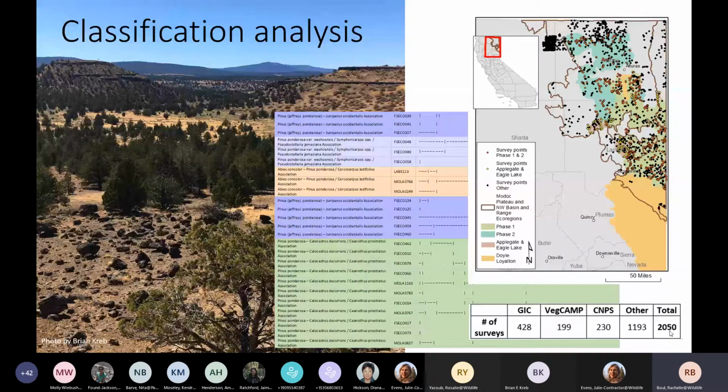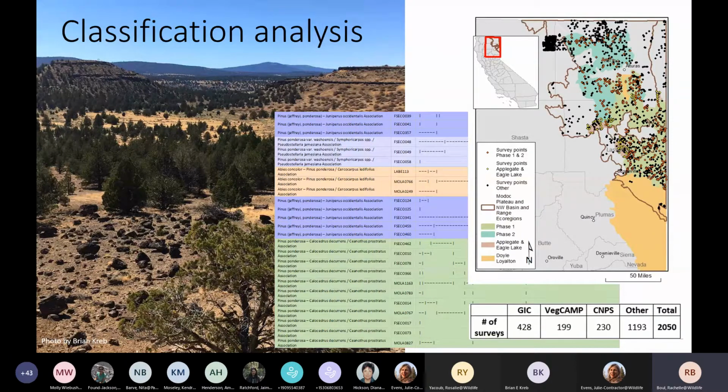All this data was quality checked and standardized and prepared for data analysis to create the vegetation classification that defines the types within the ecoregion. So the vegetation classification analysis entails grouping similar plots together based on species covers and abundance.